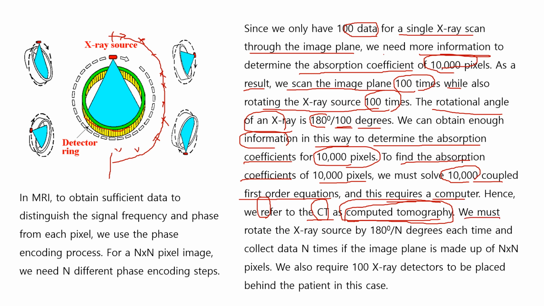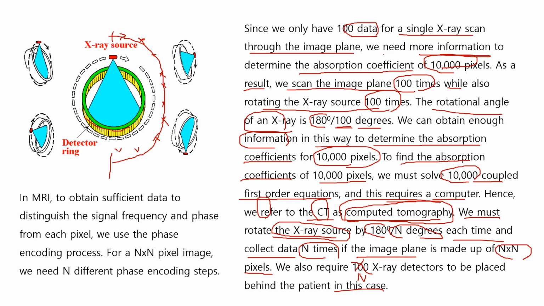We must rotate the X-ray source by 180 divided by n degrees each time, and collect n times if the image plane is made up of n by n pixels. We also require n X-ray detectors to be placed behind the patient in this case.